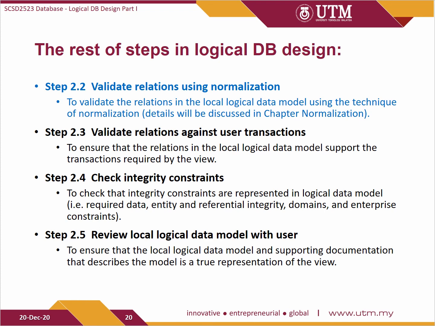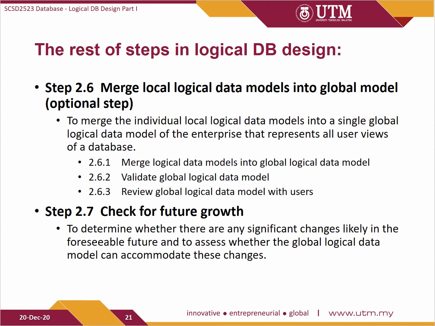Step 2.4, check the integrity constraints. And step 2.5, review the local logical data model with the user. Step 2.6, merge local logical data models into the global model. This is an optional step. And then step 2.7, check for future growth.